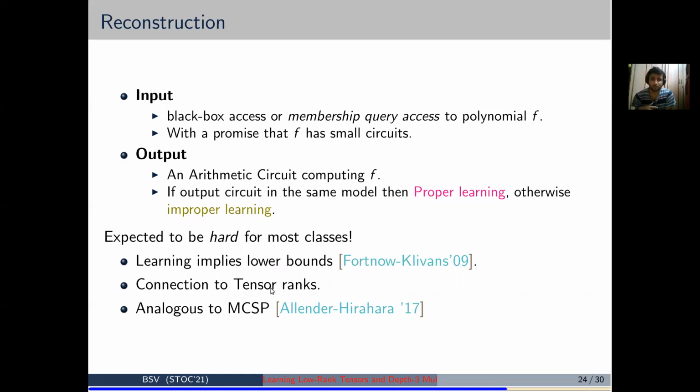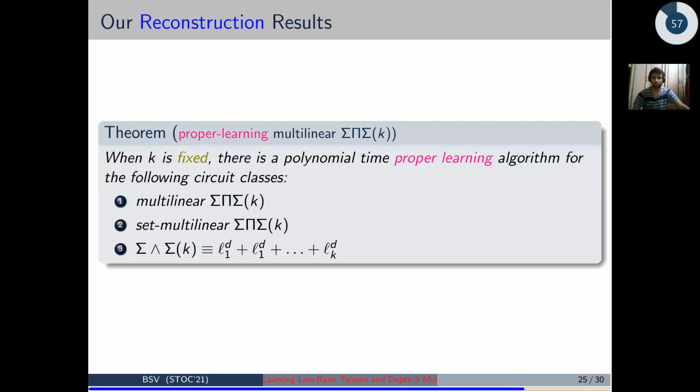There are connections to tensor rank, which we described before in this talk, and this problem of reconstruction is also analogous to the MCSP problem, which is very hard in the Boolean world. So we expect this problem to be hard. What we show in this work is proper learning for various subclasses of depth-3 circuits, which includes multilinear depth-3 circuits, set multilinear depth-3 circuits, and sums of powers of linear forms.